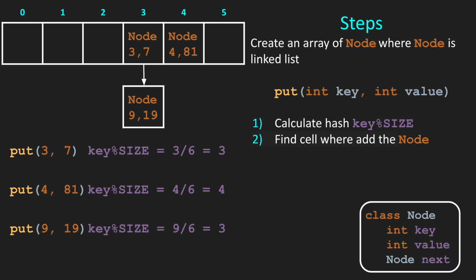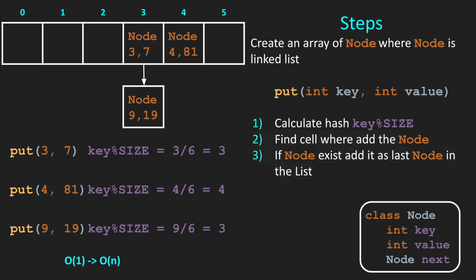The next step is finding a cell where to add our node. For example, 3 and 7, we take the modulo and we are storing that in the 3rd cell. And if a node already exists in that cell, we are adding our new key value pair as the last node in that single linked list.